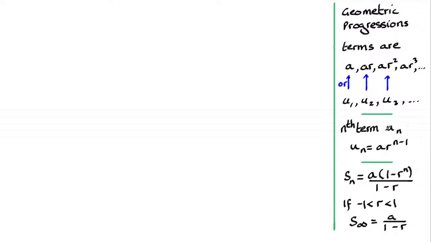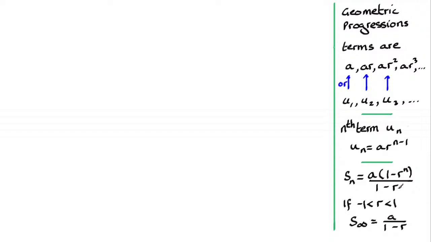Now, the nth term, un, is given by this formula here: un equals ar to the power n minus 1. You should be familiar with that. The sum of the first n terms is equal to a times all of 1 minus r to the power n, all divided by 1 minus r. Now you might see in formula books this written the other way round.